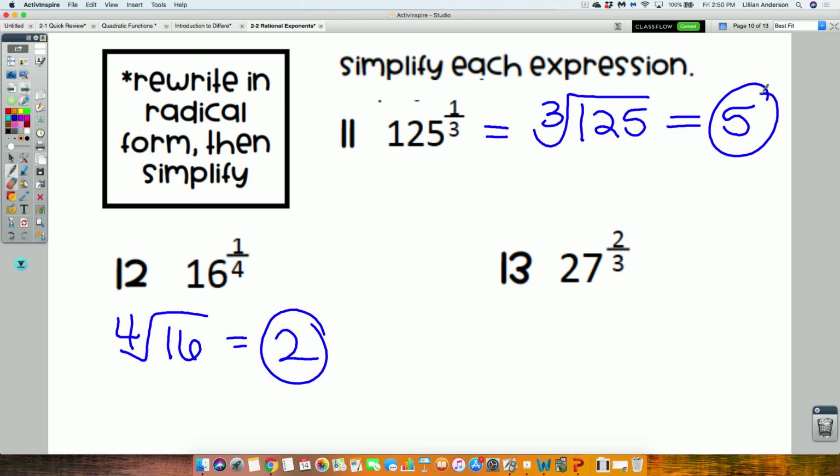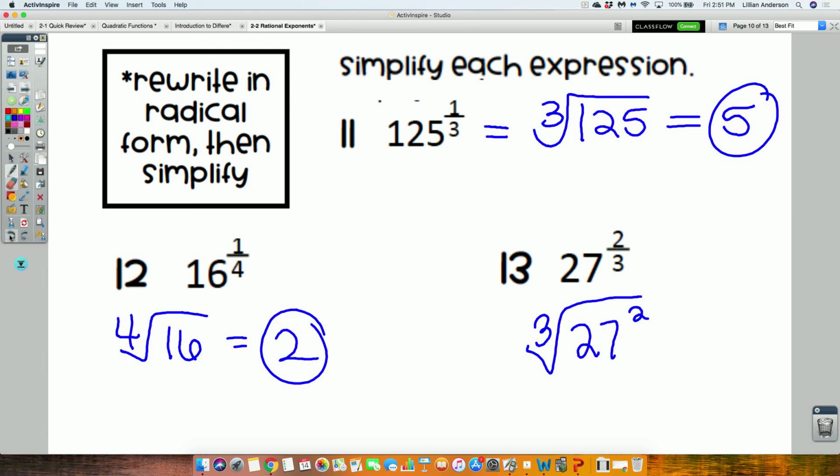This one's a tad bit different. In radical form, Taylor, what would it be? Cube root of 27 squared. This one's a tad bit different because it's actually an exponent. Please do not do what's underneath the radical and then try to apply the root. Okay? You're not going to have calculators here.